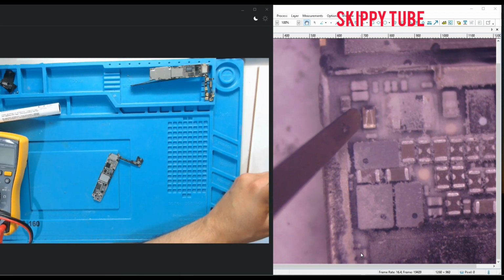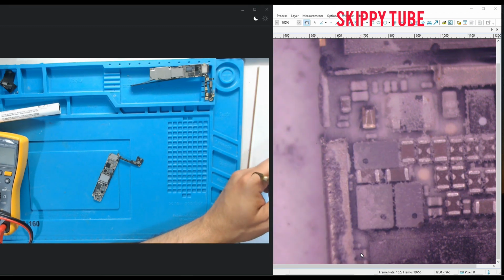When voltage is injected, this is heating, and I find the issue there. This is connected in parallel on the VDD main, and when voltage is injected, this is heating, and we know this is a faulty capacitor. When I remove it, the phone starts working, 90% normal.